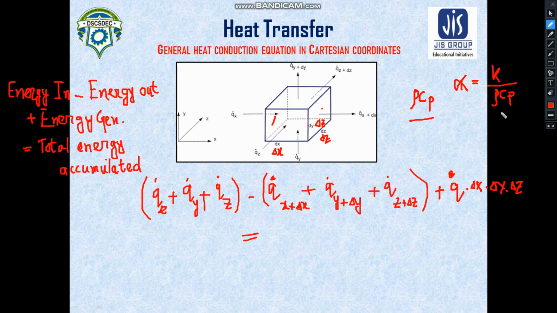So this rho Cp refers to the thermal or heat capacity of the system. So this needs to be also multiplied with the volume, and you are worrying about the change in the thermal capacity for all the control volume.